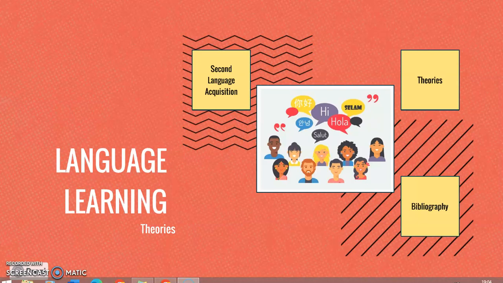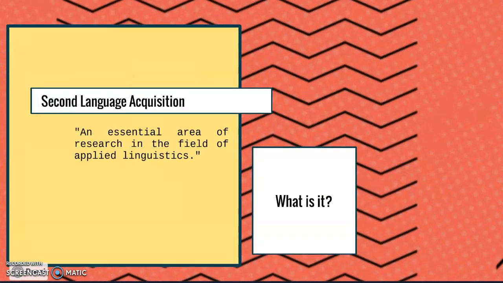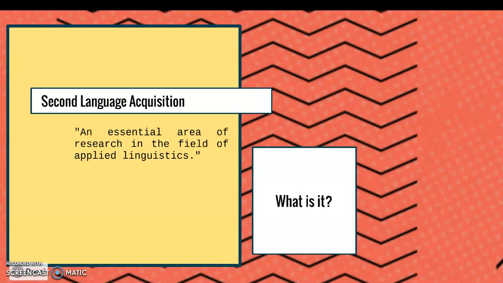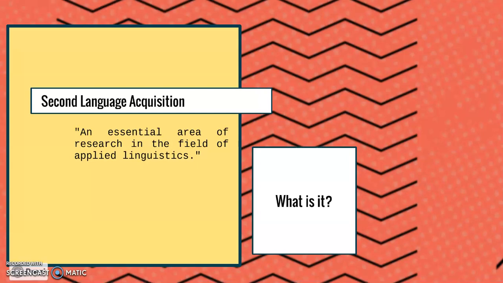To talk about language learning theories, first we have to know about second language acquisition. Second language acquisition is an essential area of research in the field of applied linguistics. But what is it exactly?